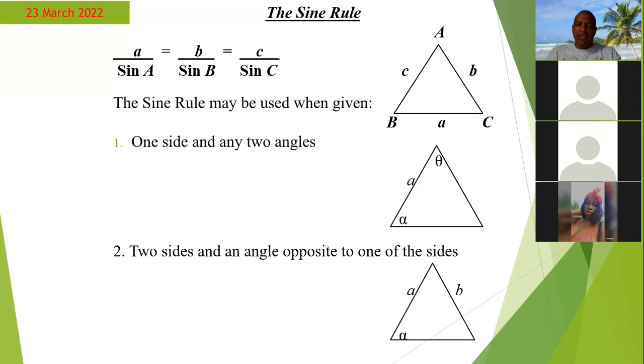So these 2 combinations are used with the sine rule. You have to pay attention to which combination you have in order to determine whether you're going to use the sine rule or the cosine rule.